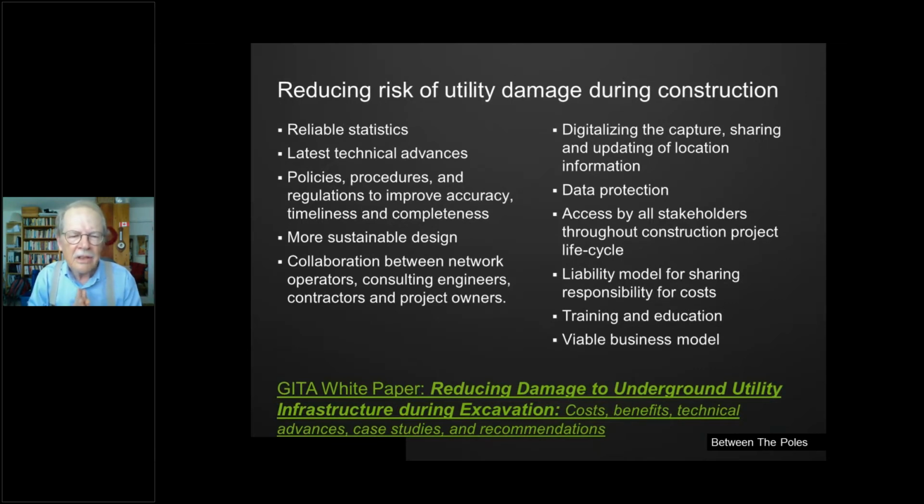Making designs more sustainable, improving collaboration between network operators, engineers, contractors, project owners, other stakeholders, increasing the digitalization of the technology used to capture and share information about the underground.